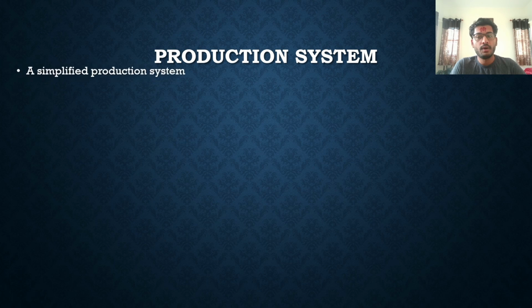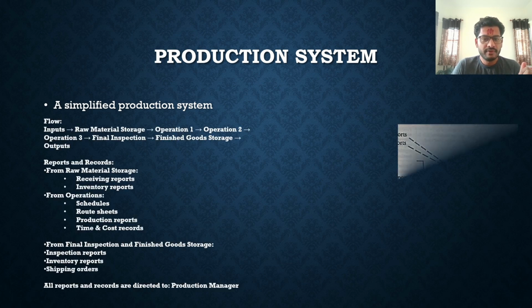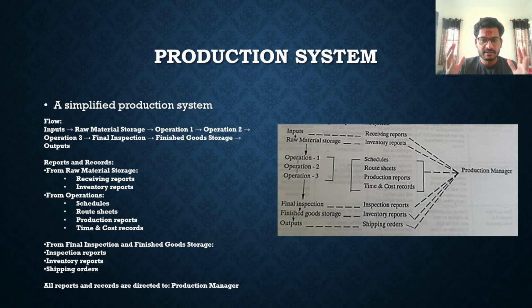Now let us look at a framework of a simplified production system. This is how it looks. You have an input, raw material storage, operations being performed, then a final inspection, finished goods storage, and then outputs. At the input, you have receiving reports and inventory reports.